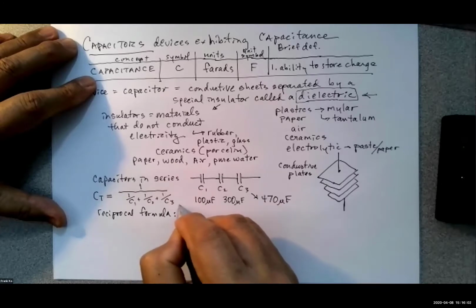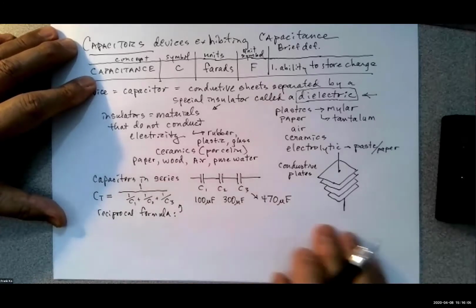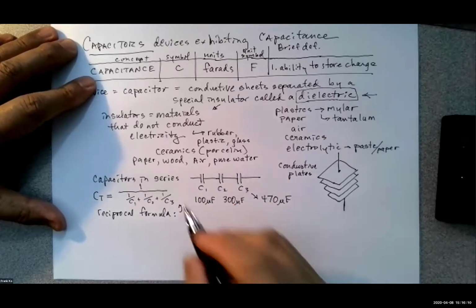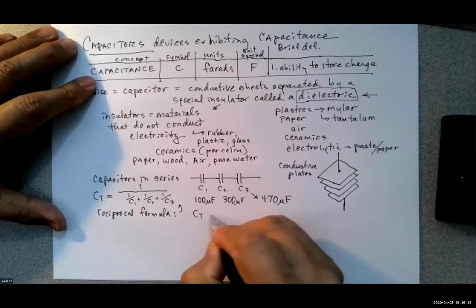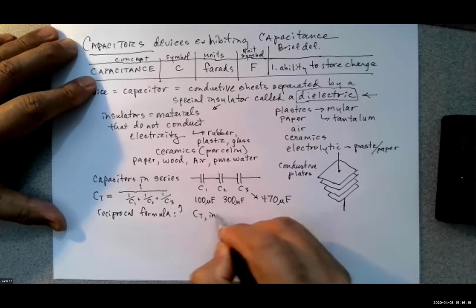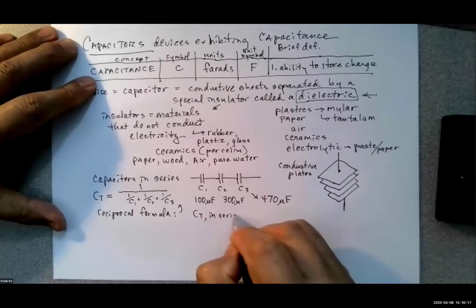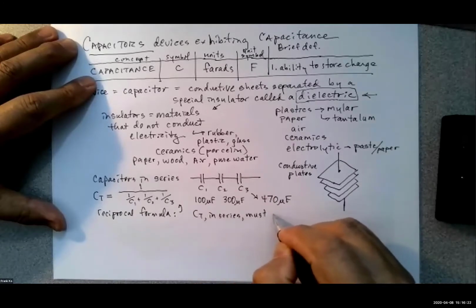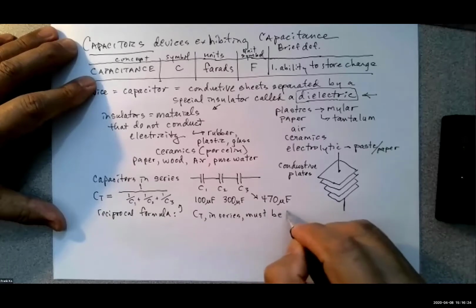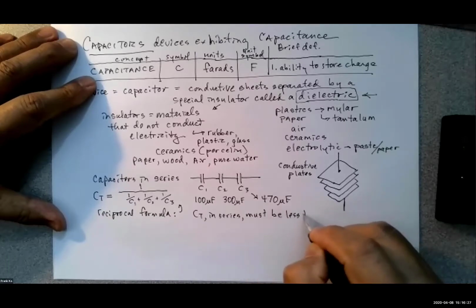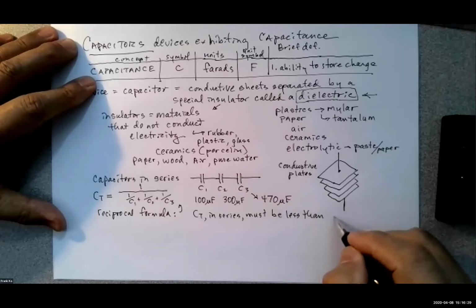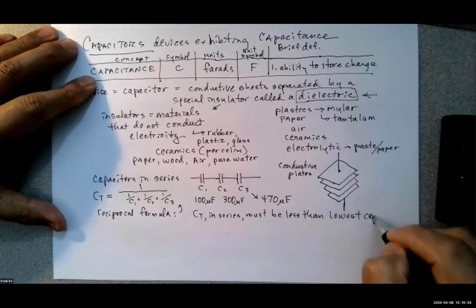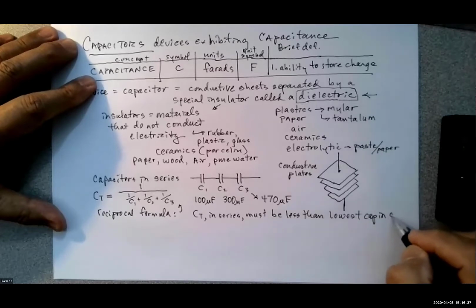As we've applied the reciprocal formula to parallel resistances, one thing that you can conclude for sure, CT in series must be less than the lowest cap in series.